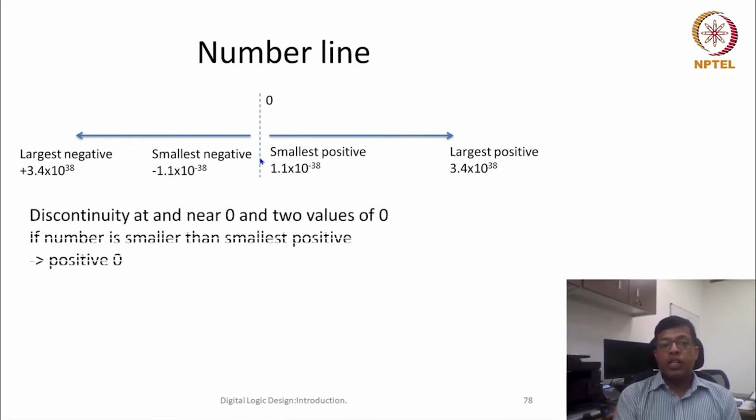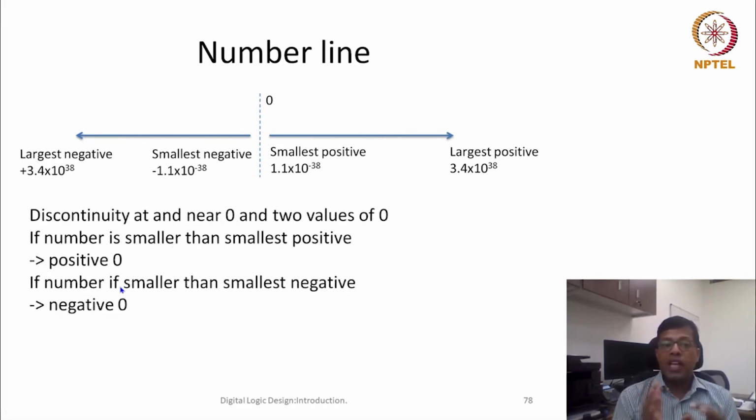So the positive has a certain meaning here. Positive certainly says that the number is more than 0 but less than 10 to the power minus 38. So either it is completely 0 or it is slightly more than 0 but less than 10 to the power minus 38, which cannot be represented in the normal representation.